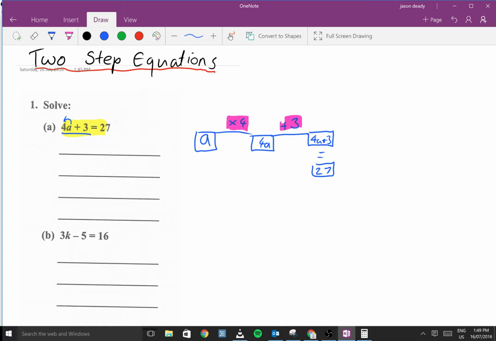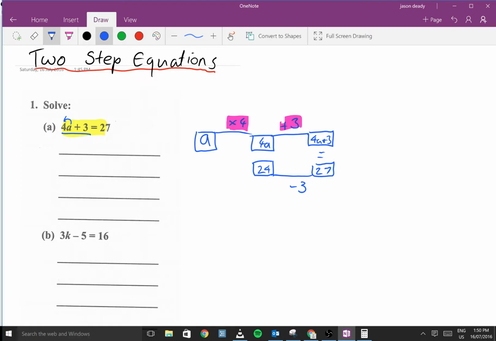Okay, then I look at it and go, well, if they added 3 to make it 27, I can take 3 to reverse that. And 27 take 3 gives me 24.